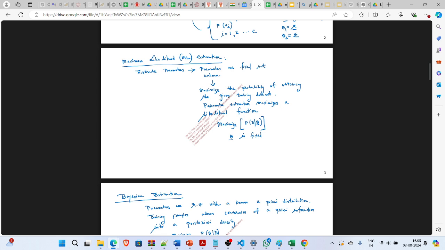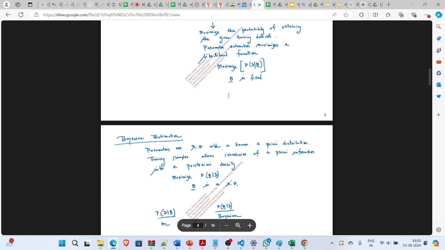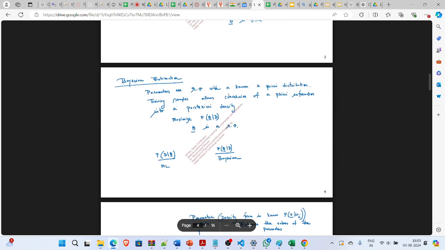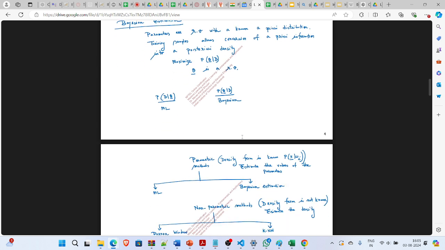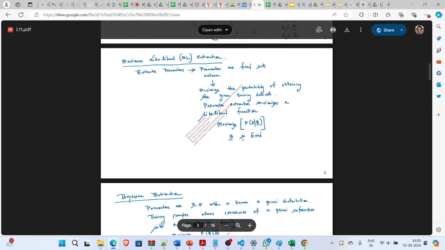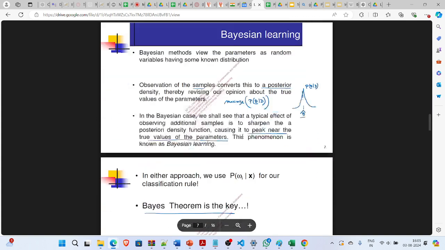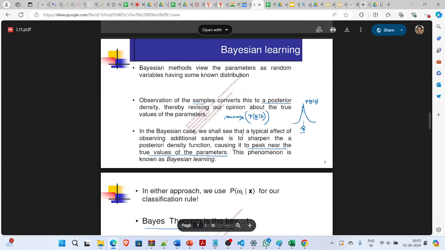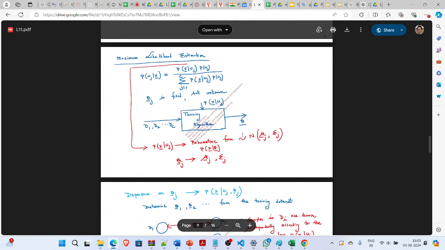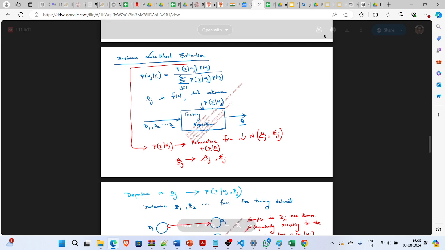It is the probability of the data given the parameters, and you have to maximize that.